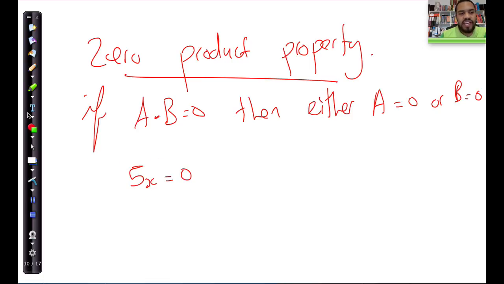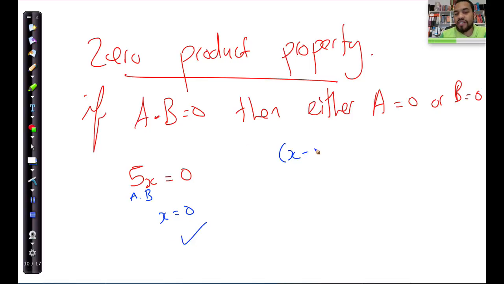That means this is my A, and that's my B. So either 5 is equal to 0, which it's clearly not, because 5 is equal to 5. But now what else will give me 0 if I multiply by 5? Well, then x must equal 0. Right, that's a solution.